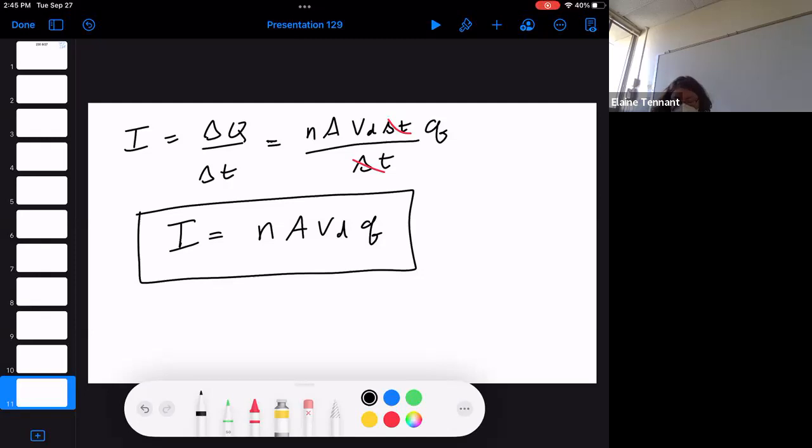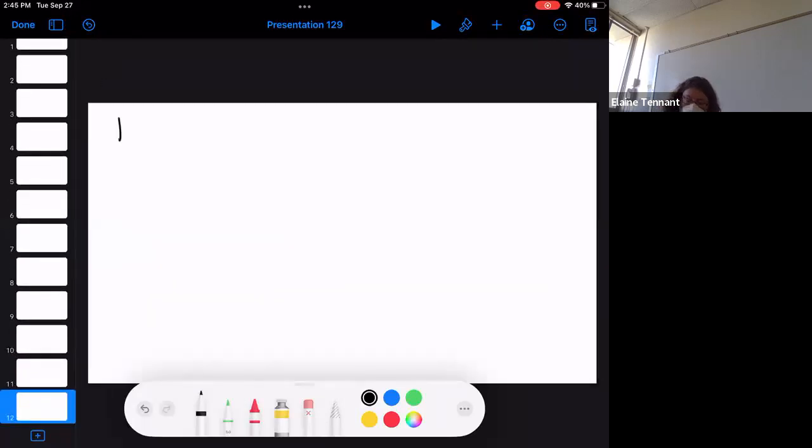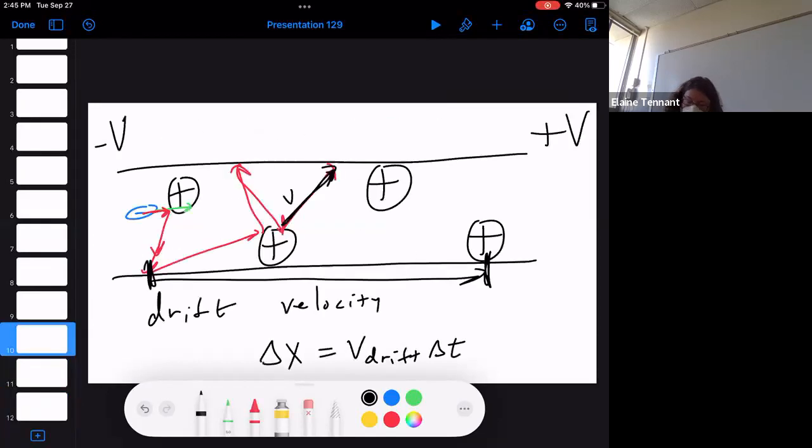Now let's talk about why current might not work. So the next thing to look at is resistance, where this idea right here is where resistance comes from. So looking at this, if I had a whole bunch of big blocky nuclei running around in there, is that going to increase my drift velocity or decrease my drift velocity?